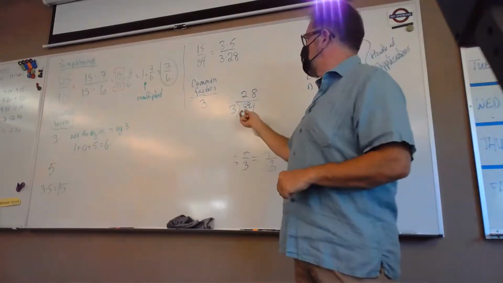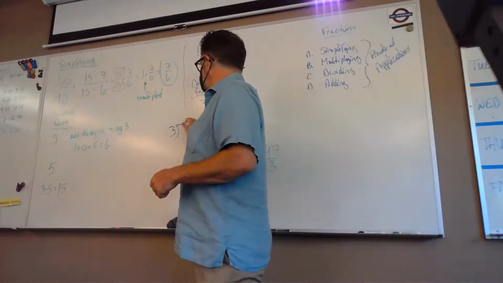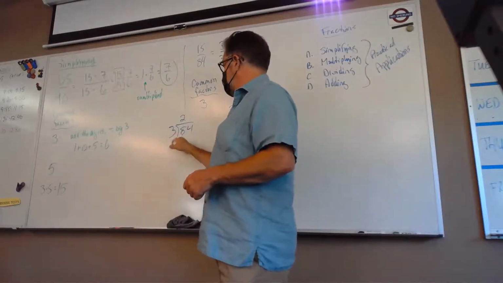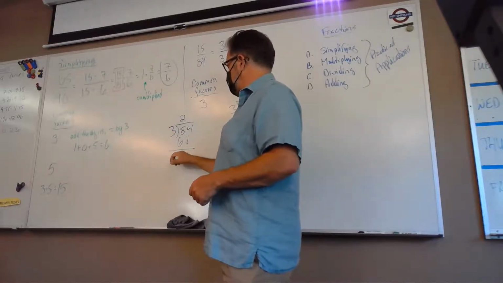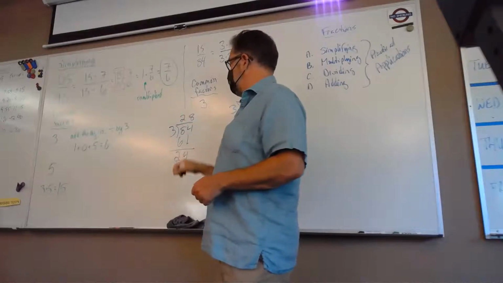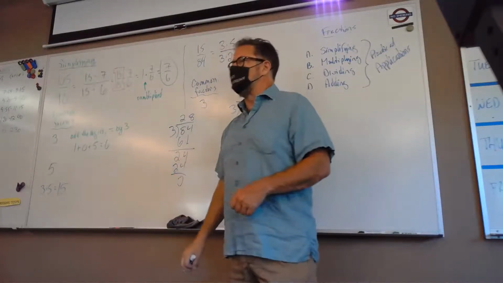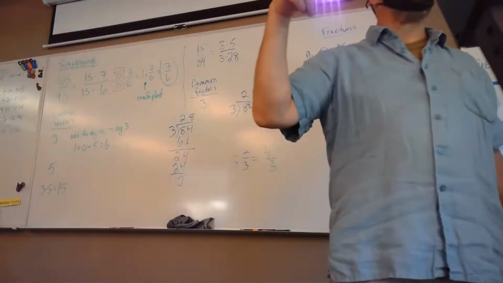This is actually a process called short division. You remember long division? 3 into 84 would be like this. 3 goes into 8 twice, 6, 8 minus 6 is 2, carry the 4, 3 goes into 24 8 times, 8 times 3 is 24, remainder 0, I'm done with the problem. But it's a long, involved process.